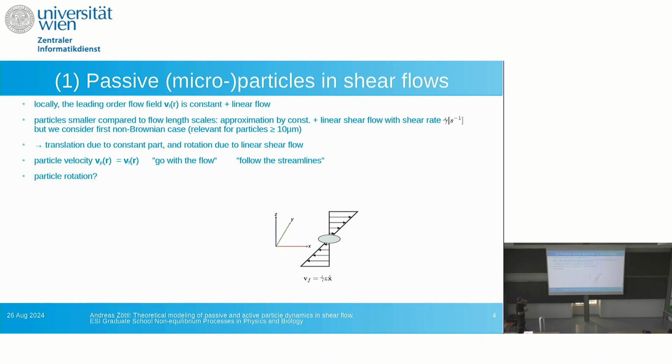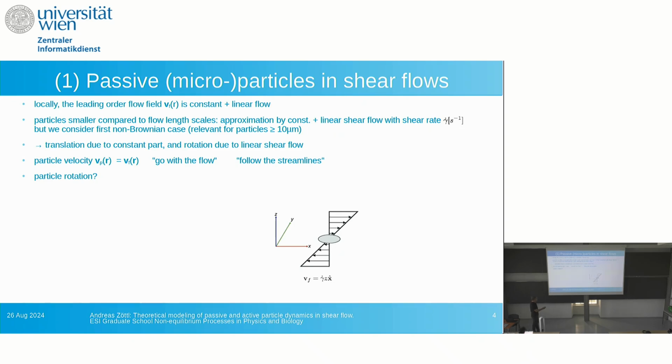It's a bit more tricky to think about particle rotation. I mean, when you put a particle there, or let's say you put it somewhere here, right? It will go here with this streamline, but also it will rotate, because of the shear. You can already imagine, right?